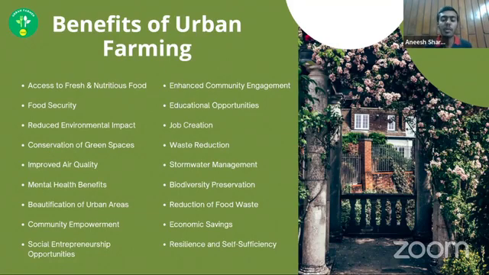So next is job creation. So yes, various urban farming companies are there in rural as well as in urban landscapes that create job opportunities for youth to come. Next is waste reduction. So yes, we all already have some type of kitchen waste, some type of biodegradable waste coming out of our homes, and we just dump that waste in our dustbins.